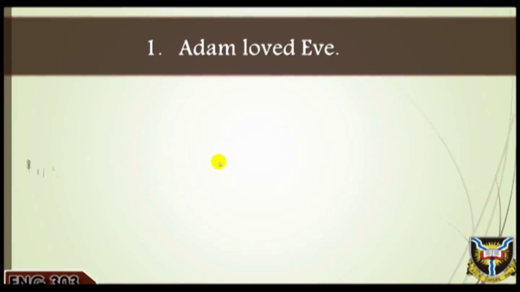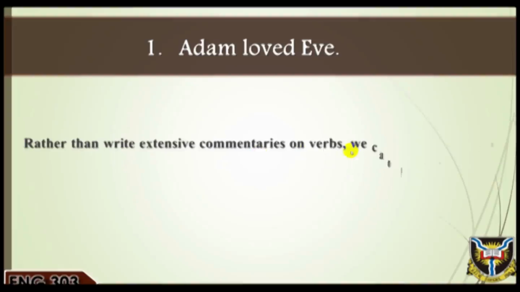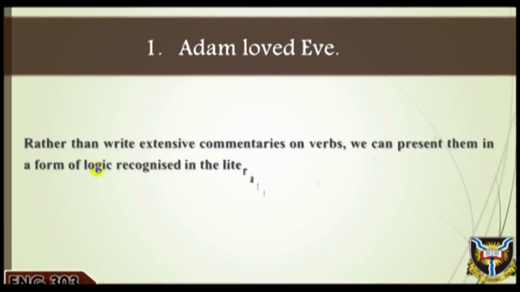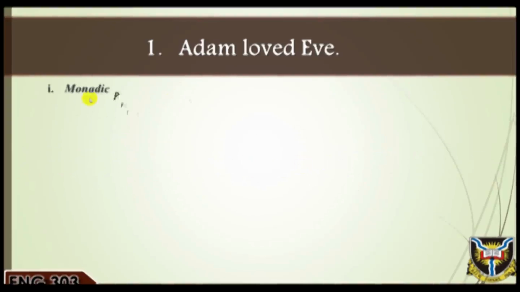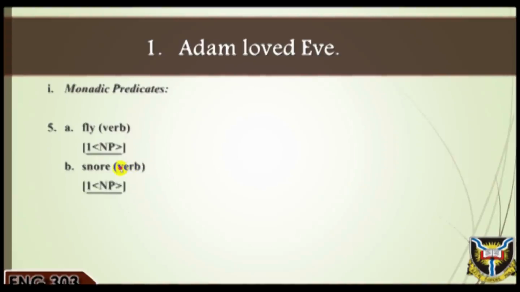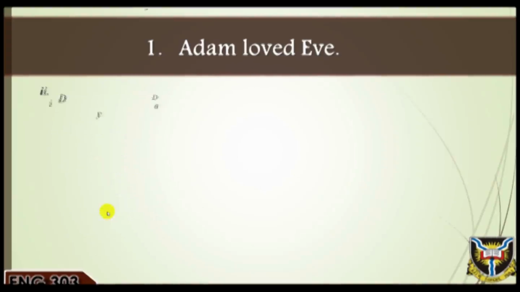Rather than write extensive commentaries on verbs, we can present them in a form of logic recognized in the literature as follows. Monadic predicates. 5a. Fly, verb. b. Snore, verb. c. Explode, verb. 2. Dyadic predicates. 6a. Write, verb. b.